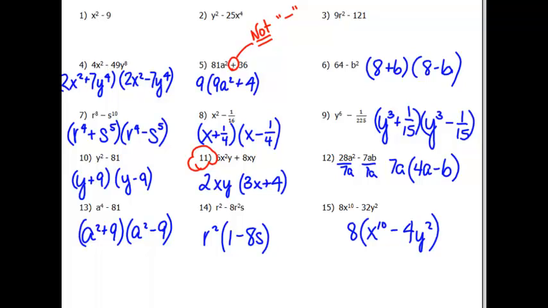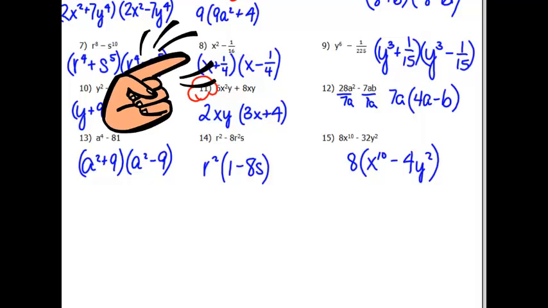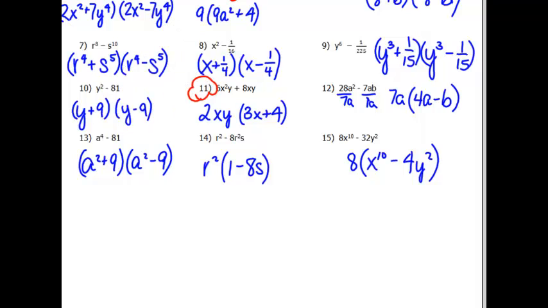Moving along, I see two problems in the problems that remain. The first one is number 13. Usually you will see the directions for a factoring problem that look like this: factor completely.